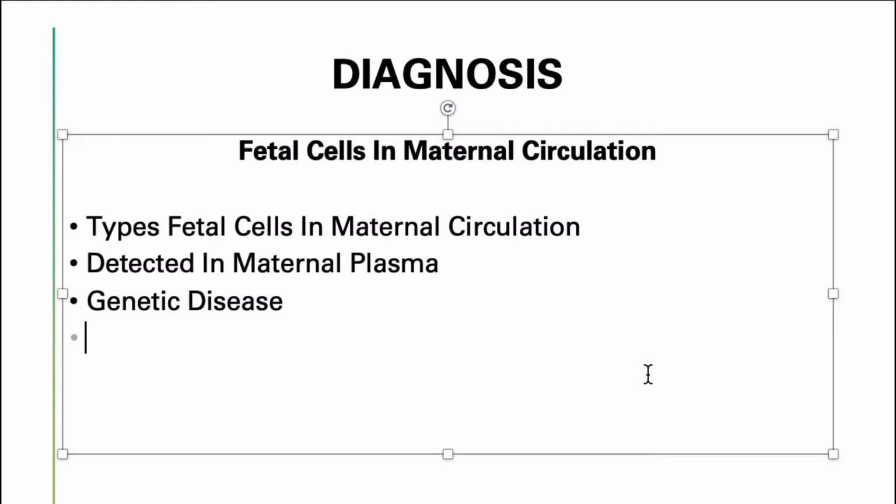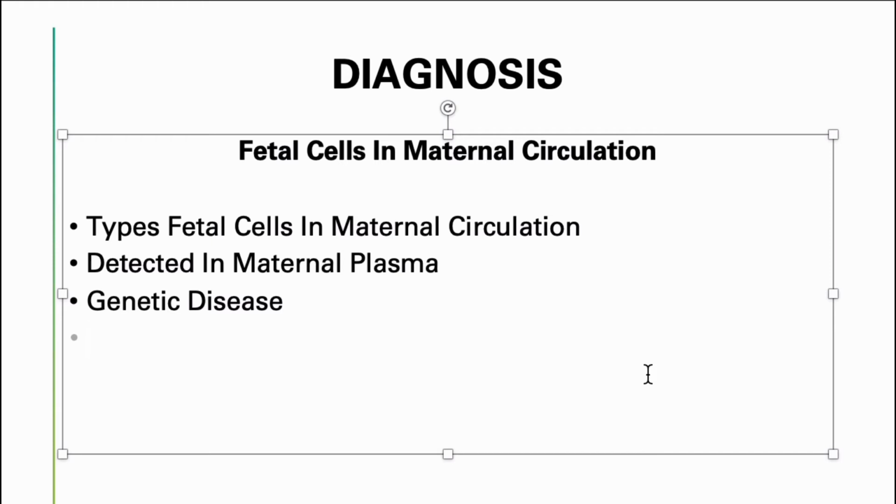So what can you do with the fetal cells? They're useful for detecting genetic diseases. You're limited in the types of genetic disorders that you can look for, but still, this is a very good early preliminary test. It's an excellent option, especially because it's not as invasive as some of the other procedures we discussed earlier.